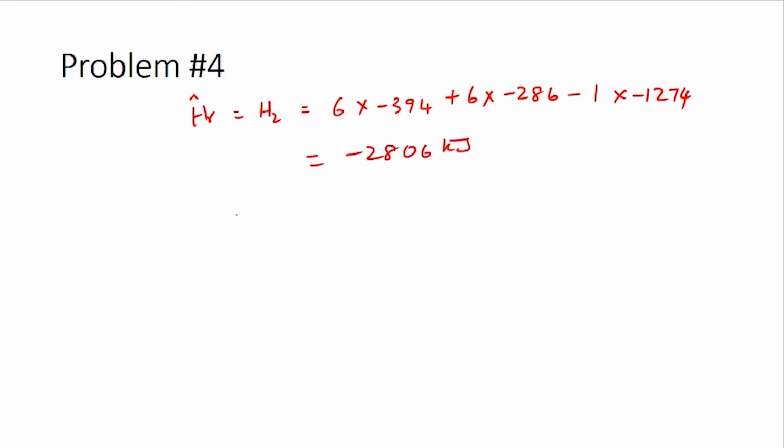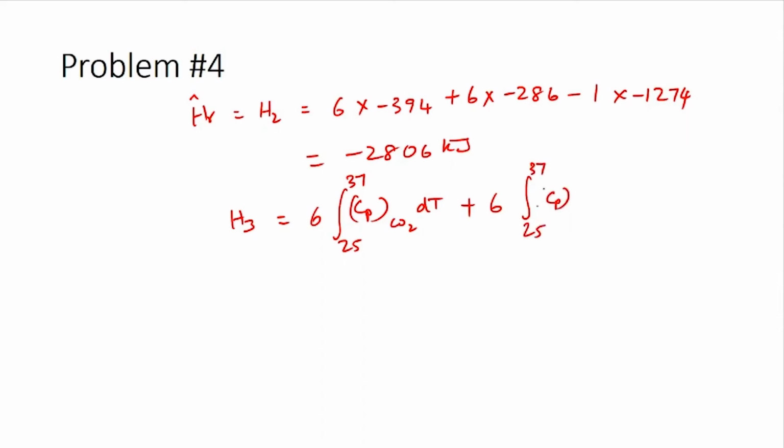And the next step, H3, would be equal to, again, heating 6 moles of carbon dioxide and 6 moles of water from 25 degrees Celsius to 37 degrees Celsius. So, for carbon dioxide it will be 6 times integral Cp of carbon dioxide dT from 25 to 37, plus 6 times, this second term would be for water, from 25 to 37 Cp of water dT.